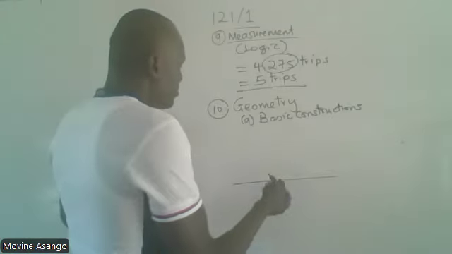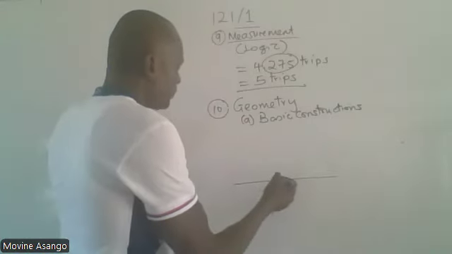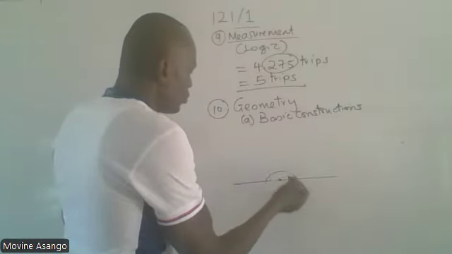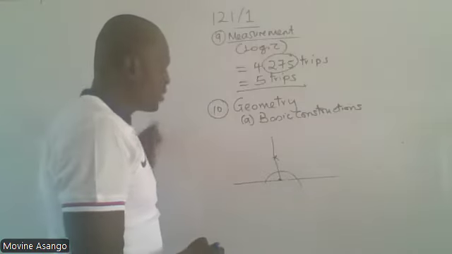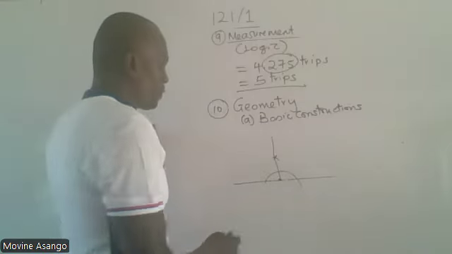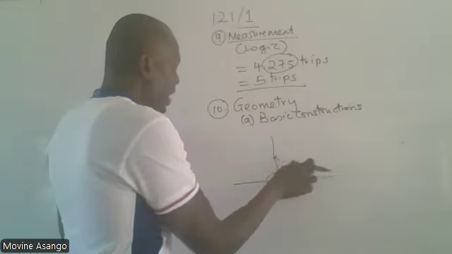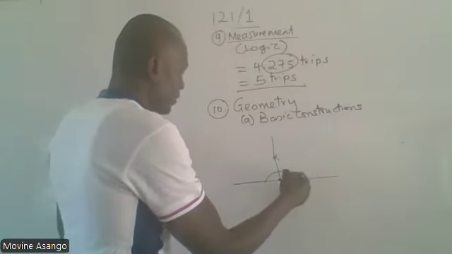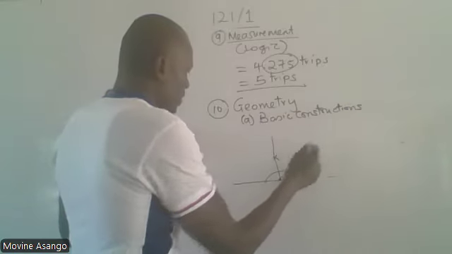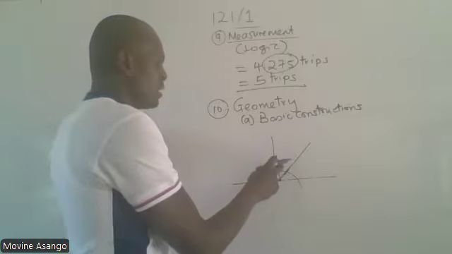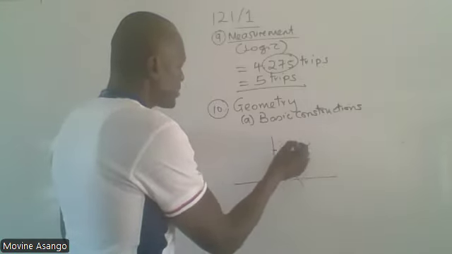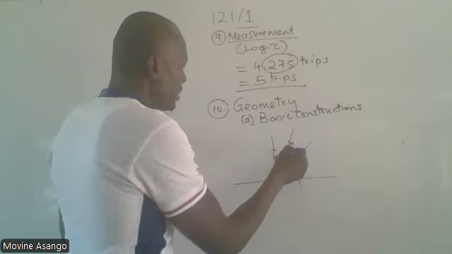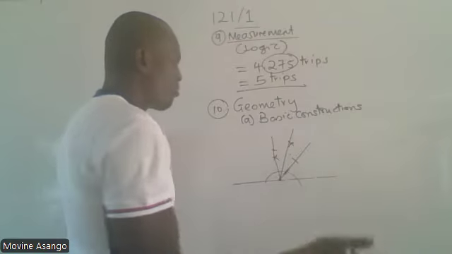So if I want 75, I may do 90. This side, I may do 60. So what I'm remaining here with is 30. If I bisect this 30, I will have 15. 15 and 60 will give me 75.